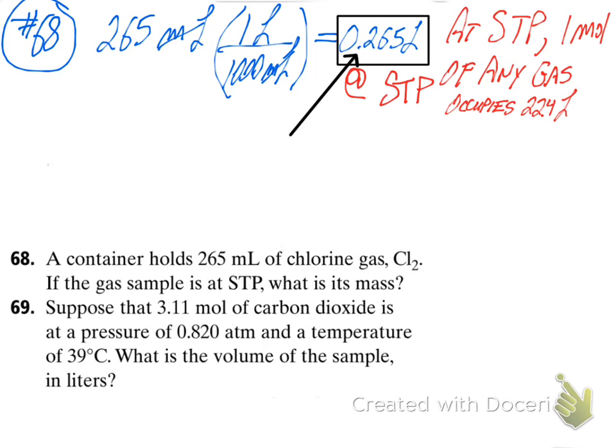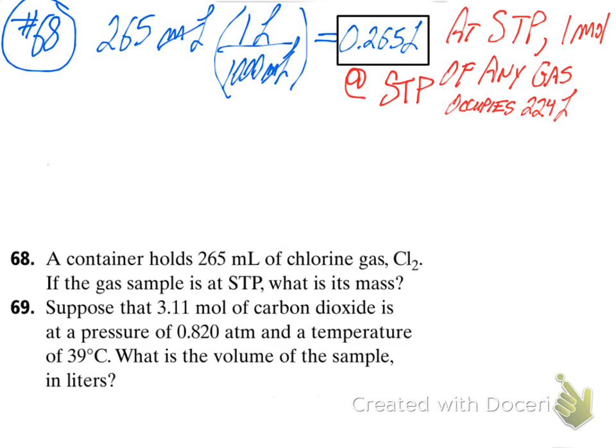So the question becomes, is that less than, equal to, or more than a mole? Well, if 1 mole at STP occupies 22.4 liters, and this chlorine sample only occupies 0.265 liters at STP, we know this chlorine sample is going to be less than 1 mole.